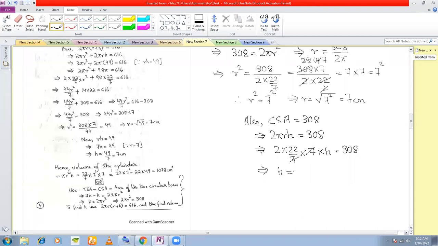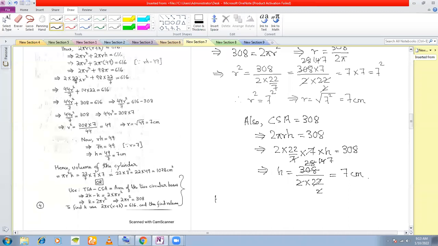So you get H is equal to 308 divided by 2 into 22. Again here, if you see, this will cancel with 11, cancel 28 times, cancel 14 times, and this will cancel 7 times. So you're getting the height of the cylinder also as 7 centimeters.